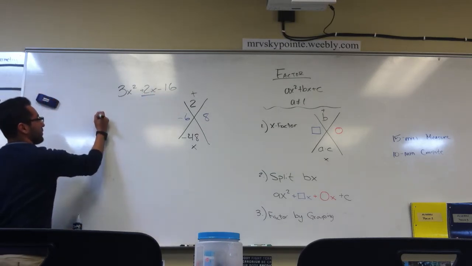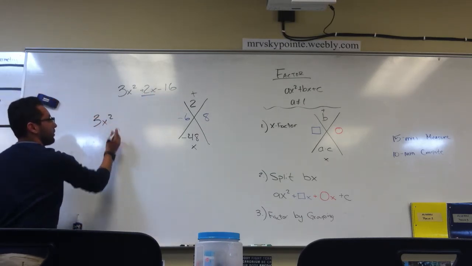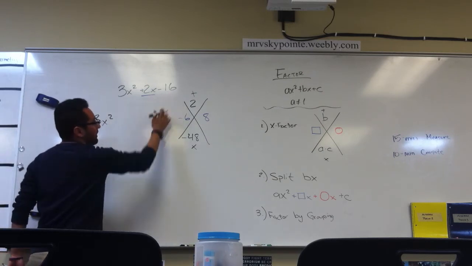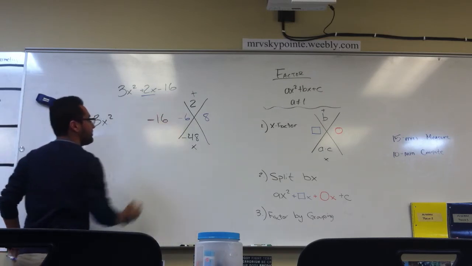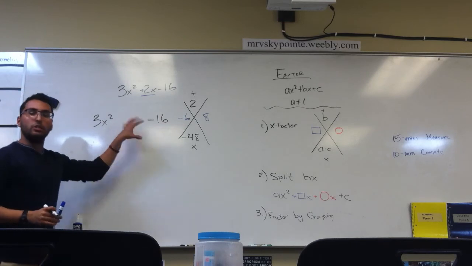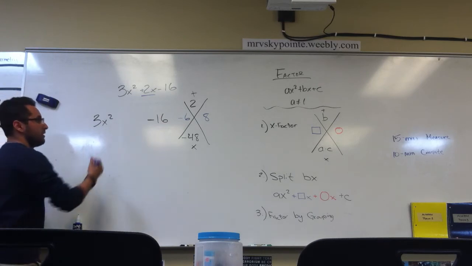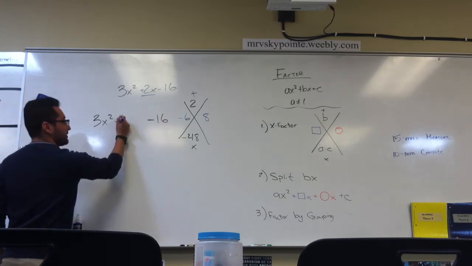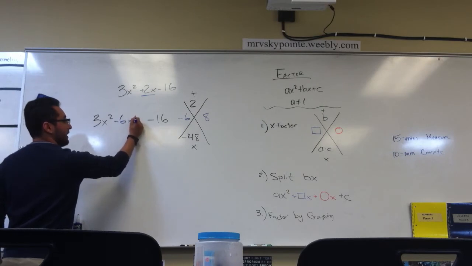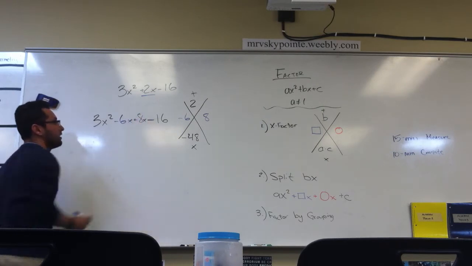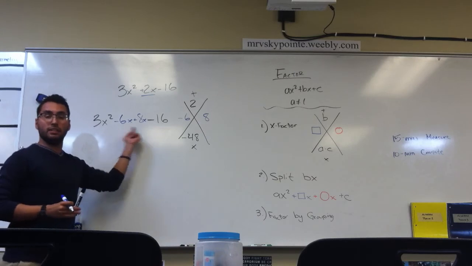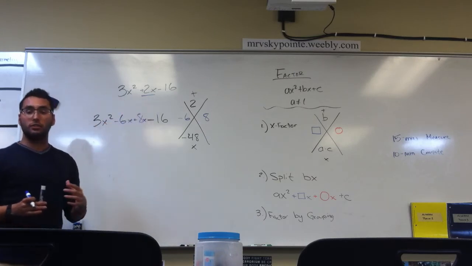So we write 3x squared, leave a blank over here because we're going to write our c, which is negative 16, and inside we use our X factor numbers. I'm going to write that as negative 6x and positive 8x. And it's true that negative 6x plus 8x is a positive 2x.